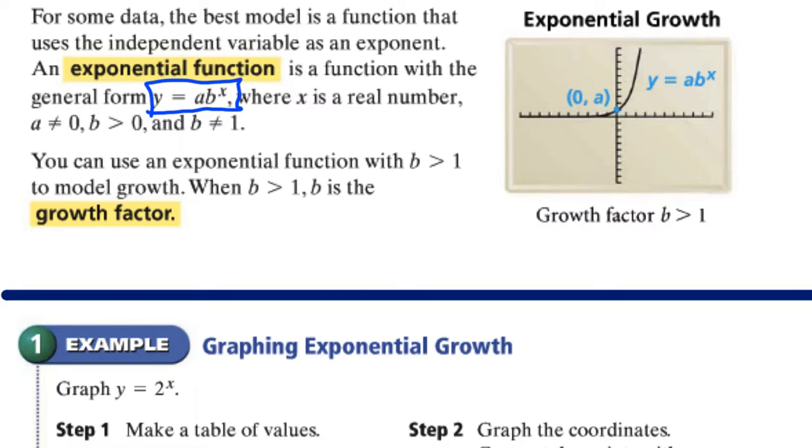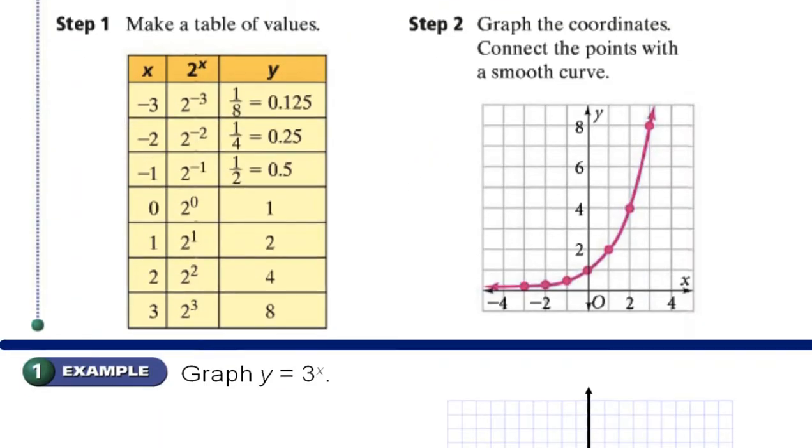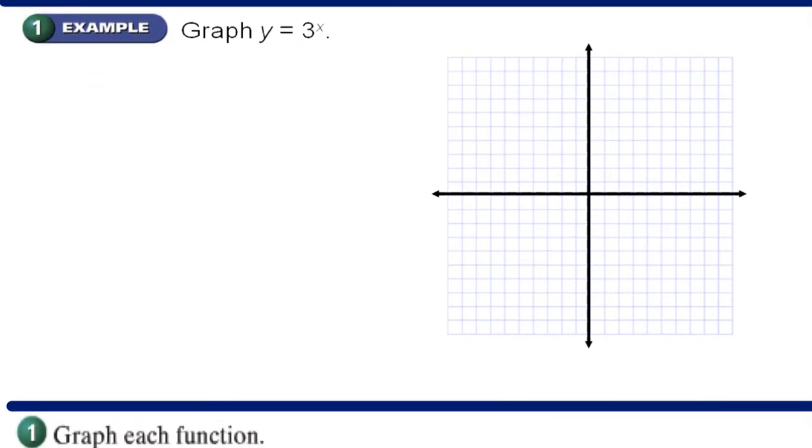All right, so looking at example 1, graphing exponential growth. We are going to rely on our good old friend, the t-chart. Now, you are going to want to pick values that are easy for you. It doesn't matter what they are.